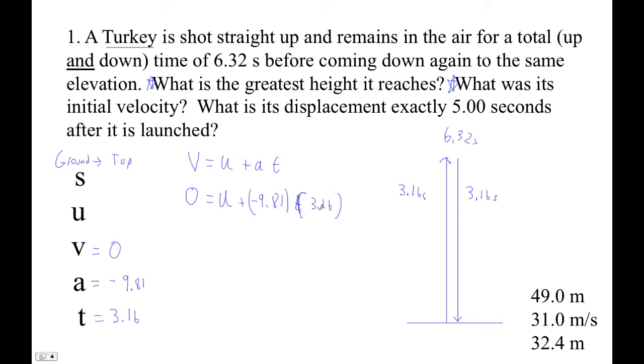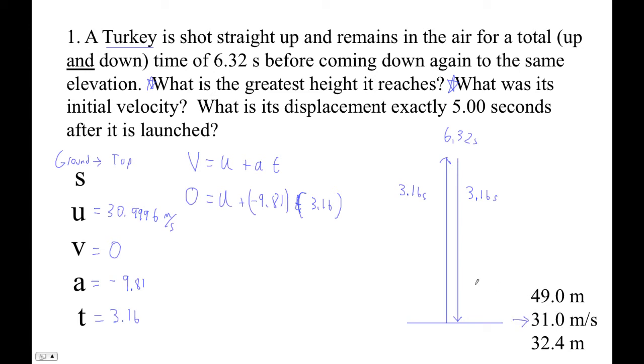So here we go, I get 30.9996. Is that right? 3.16 times 9.81. Yes, it is. That's a crazy number. And that's meters per second, so this answer here is 31 meters per second.